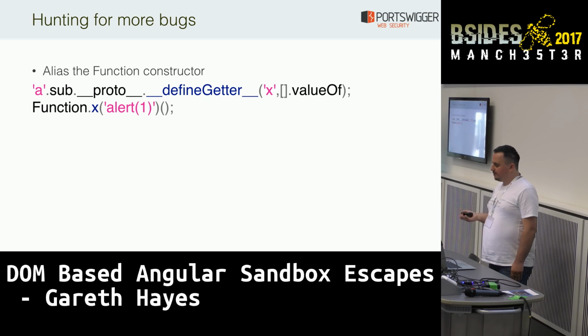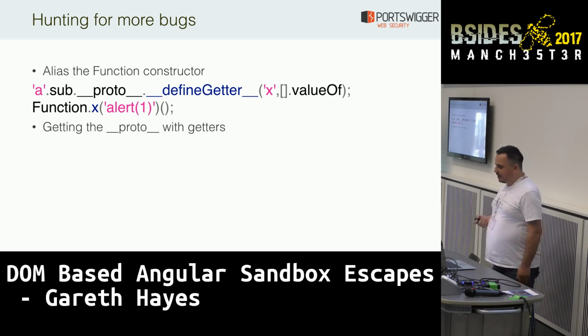So you can see where I was going with this. You could also use the proto getter in this way. So normally in Angular, the proto getter requires an object, and you can provide that object using bind, for example. So using define getter provides a way of providing the object to the function without specifying bind.